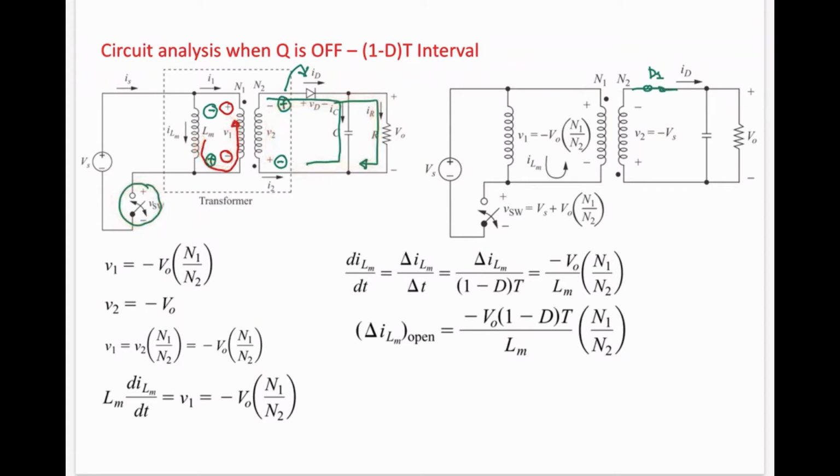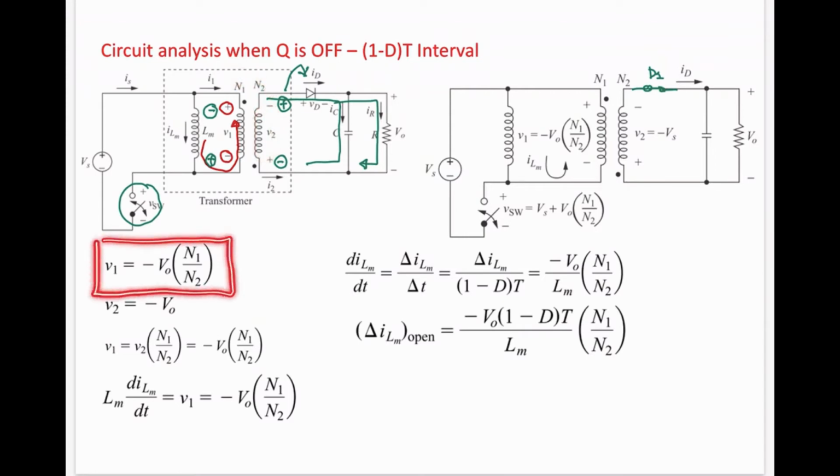Because of the parallel connection, whatever is the voltage over here, the same will be the voltage across the secondary winding, and that voltage will be reflected back according to the turn ratio on the primary side, and definitely its polarity will be opposite with respect to this reference polarity. So you can see the minus sign over here representing the opposite polarity, and the voltage V0, that's the voltage over here, reflected back to the primary side by the turn ratio, that is N1 by N2.